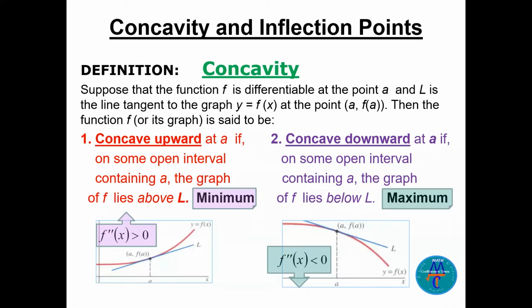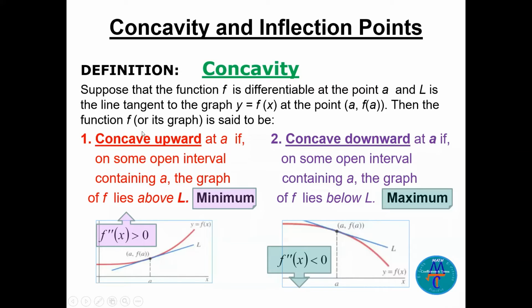Concavity and inflection points. Let's define concavity in this slide. Suppose we have a function f differentiable at a point A, and L is the tangent line to the graph at the point A, f of A. So at this point here, there is a tangent line L to the curve at that point.